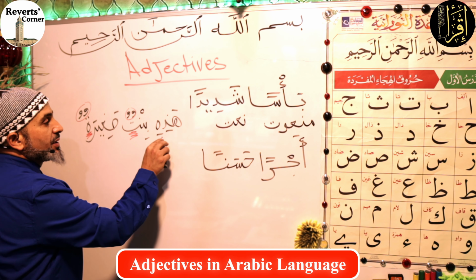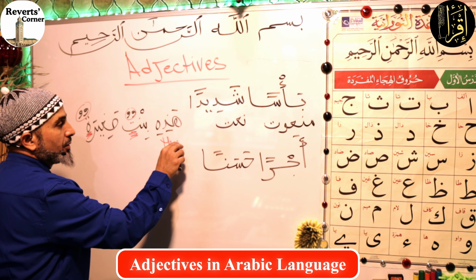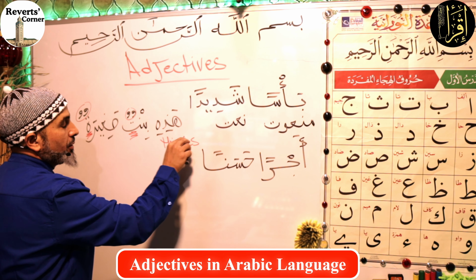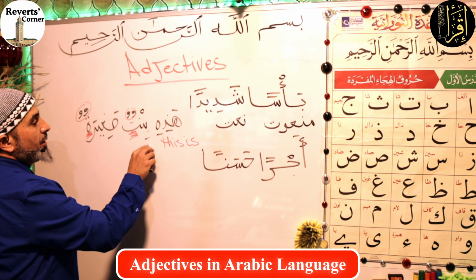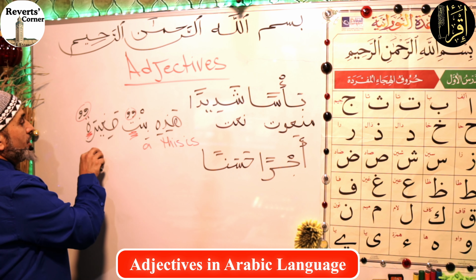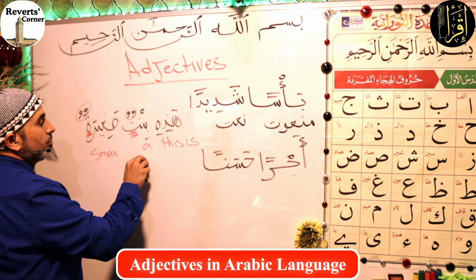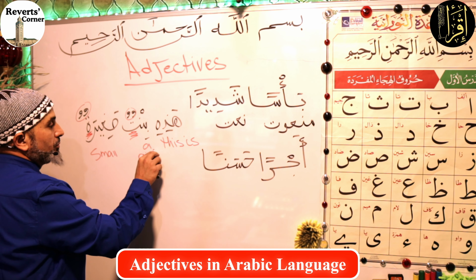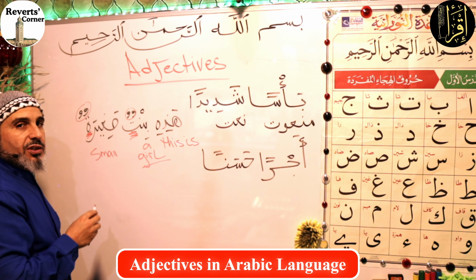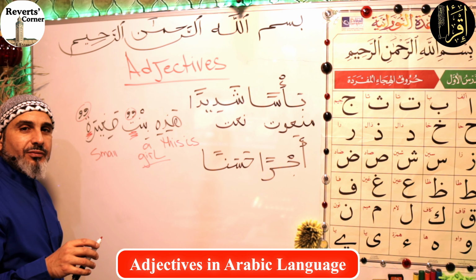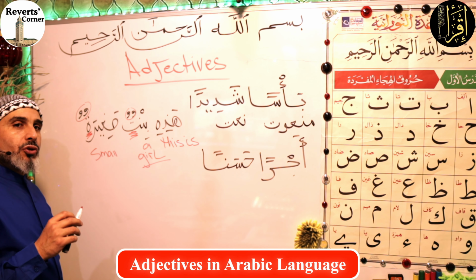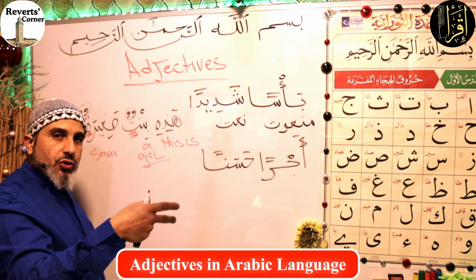Now, what do you notice here in the gender example? هذه, this is a small girl. What do you notice here? What do you add to the word to make it feminine?